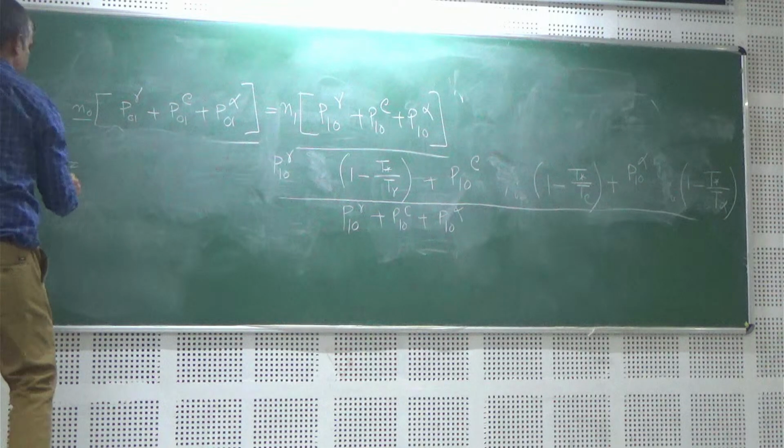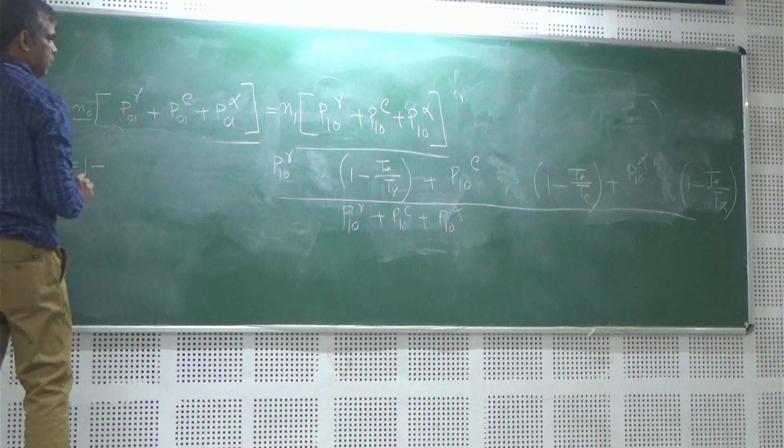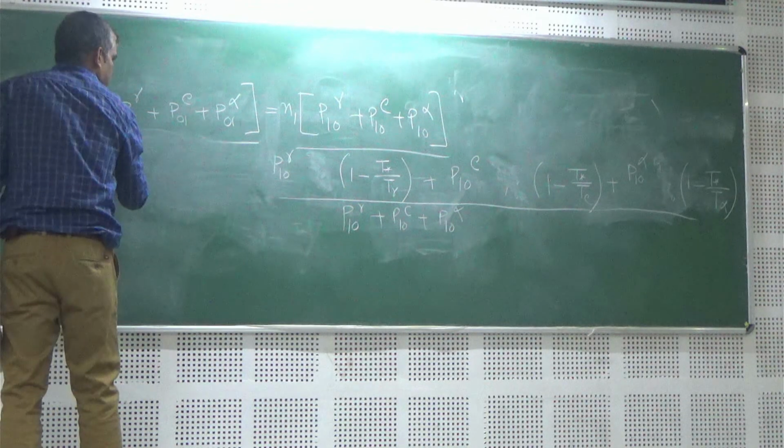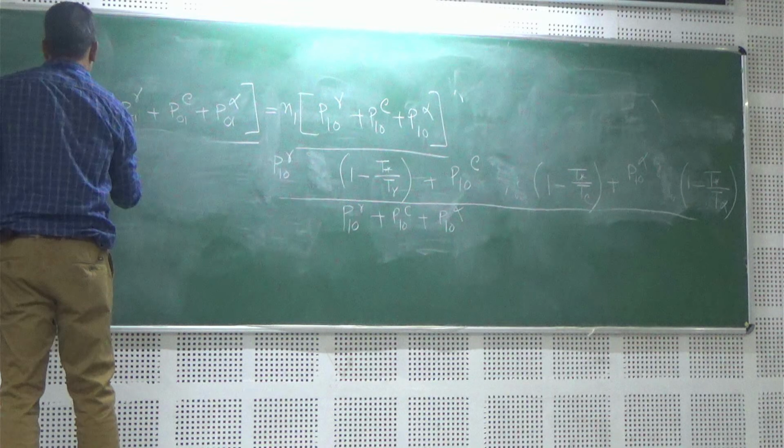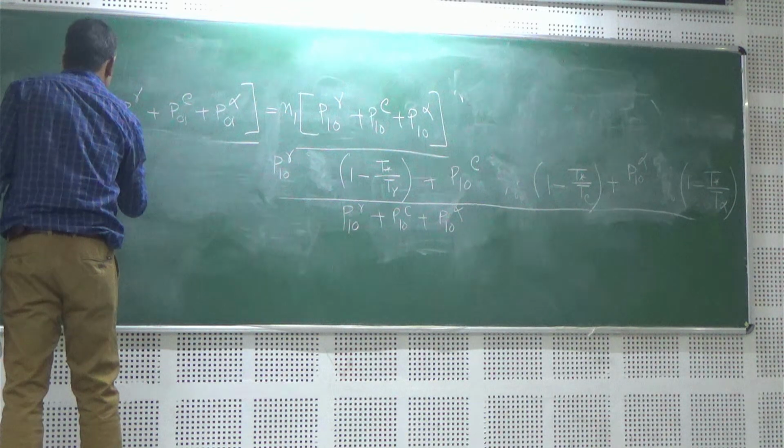The first term is 1 minus, and P star is a common term.